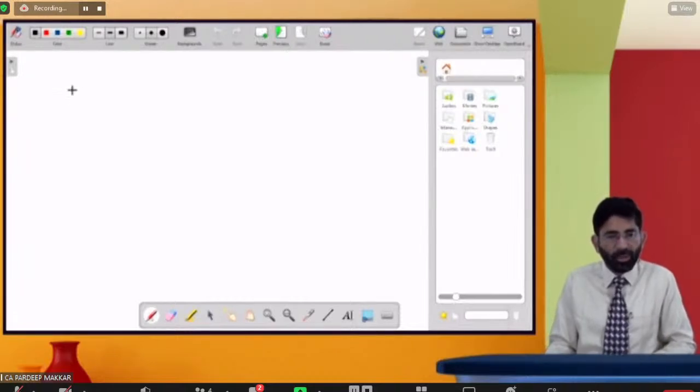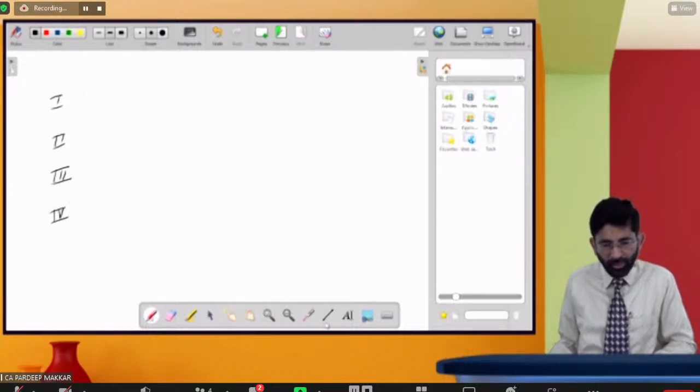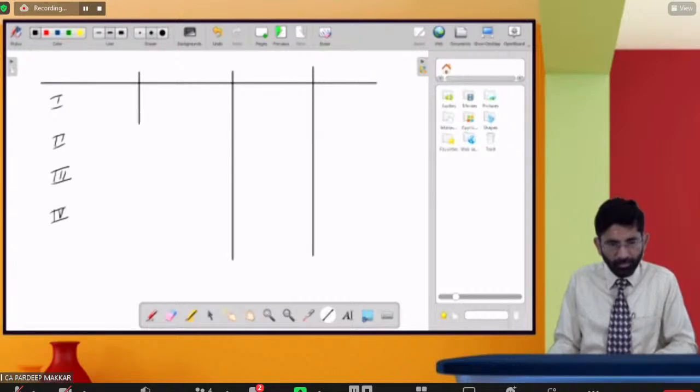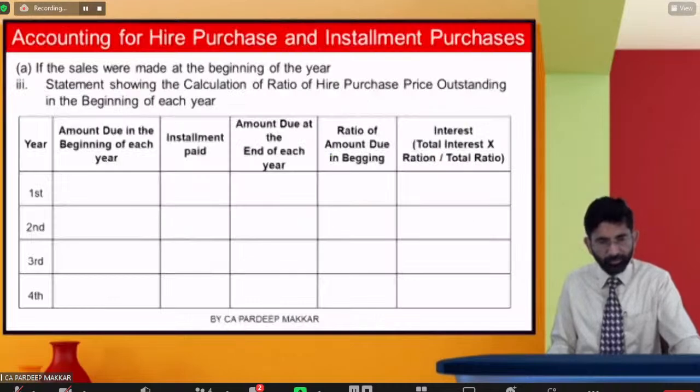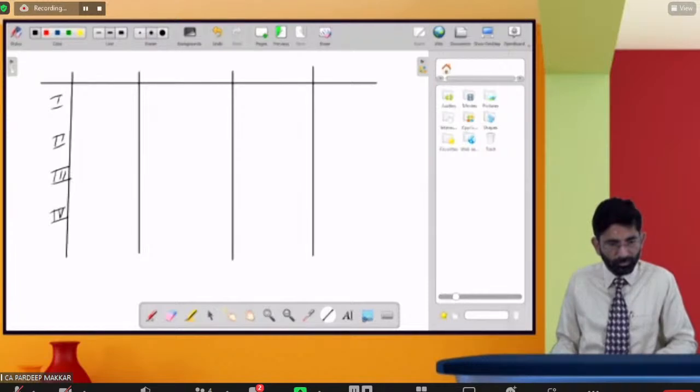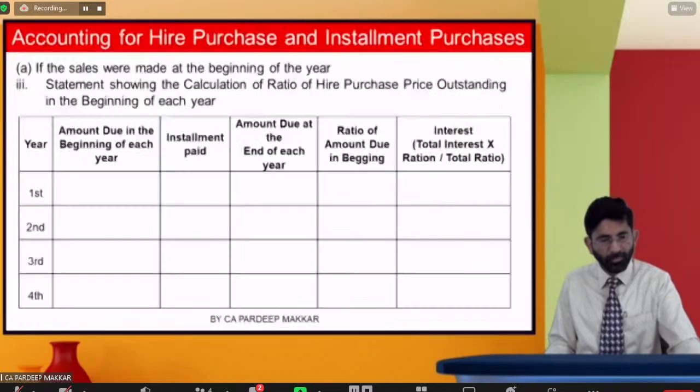In this pro forma, first of all, first year, second year, third year, and fourth year. I'm not preparing the pro forma now. You have already understood how to prepare the pro forma. There are 5 columns in it. You have written the year first.